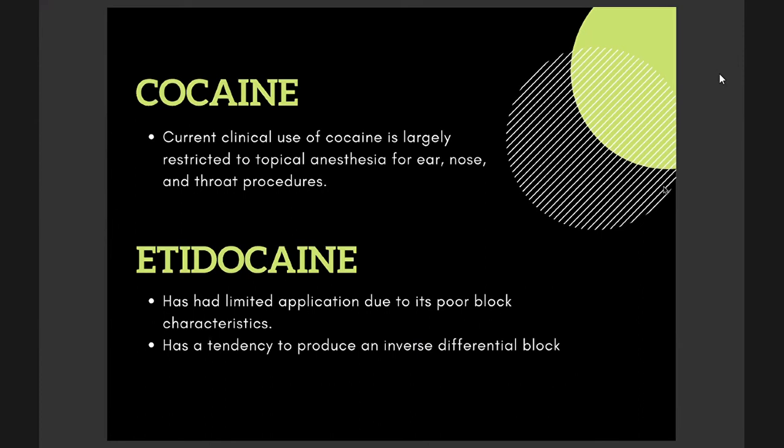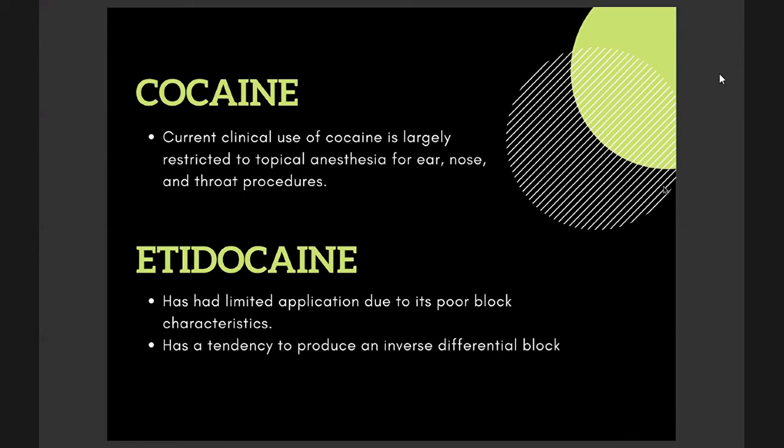When you say an inverse differential block, the usual differential block proceeds from autonomic, sensory, and motor, and the recovery from the block would start on the motor, sensory, and autonomics. So reverse with regards to recovery. As to the onset of local anesthetic effect, it starts on the autonomic, sensory, motor.